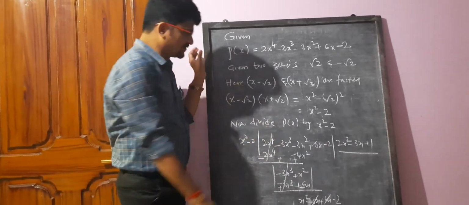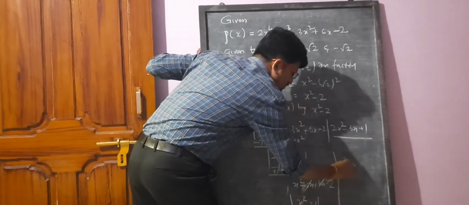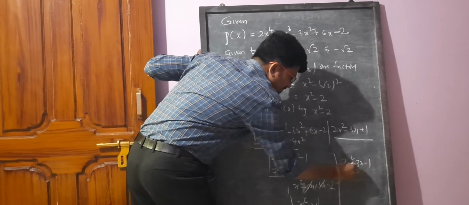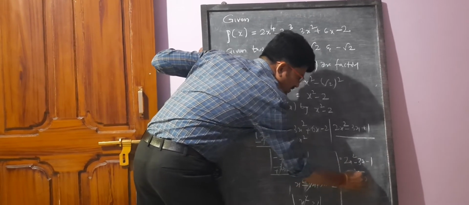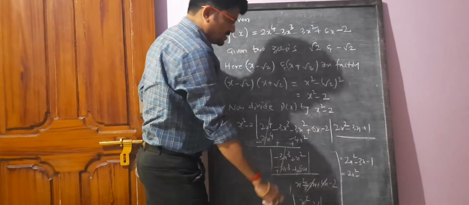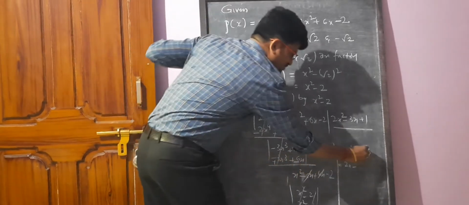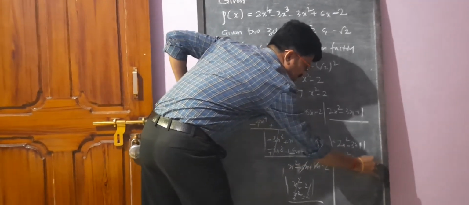Now 2x square minus 3x plus 1: 2 times 1 is 2, so minus 2x minus x plus 1.